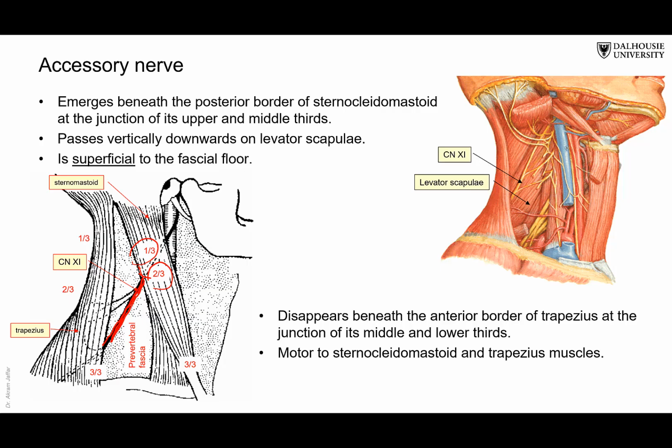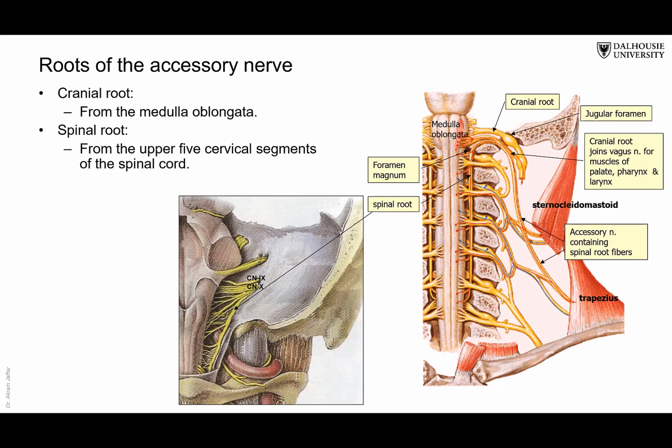This accessory nerve, the official name of this nerve, is the spinal root of the accessory nerve. And the details you are going to have in neuroanatomy, because this accessory nerve, as you can see here, has a root that comes from the spinal cord, from the upper 4 or 5 segments of the spinal cord.